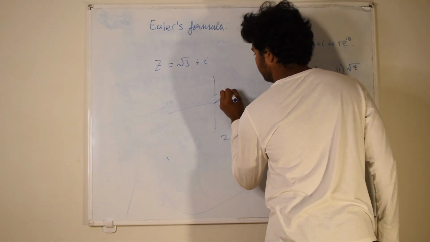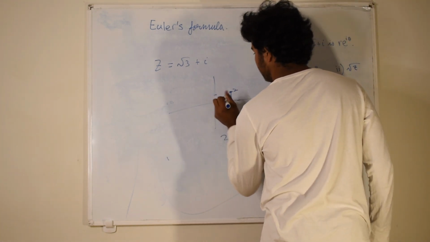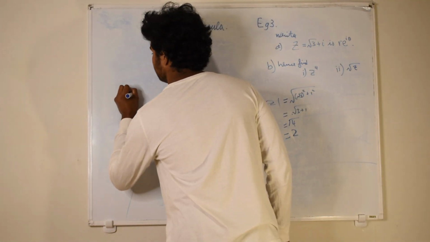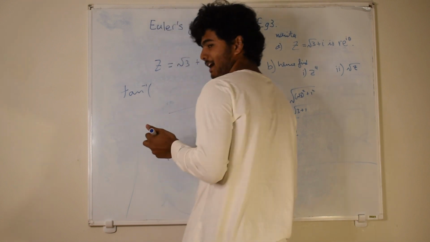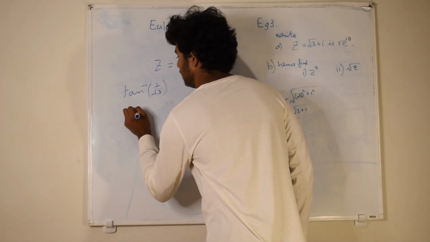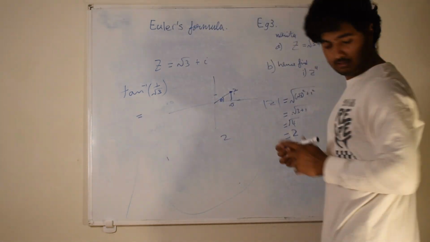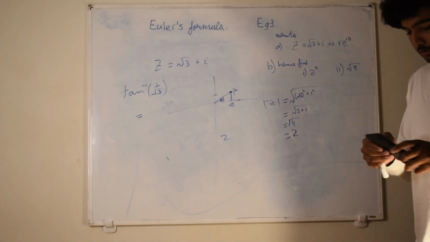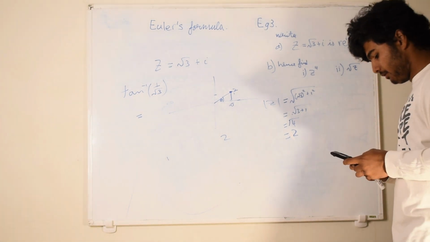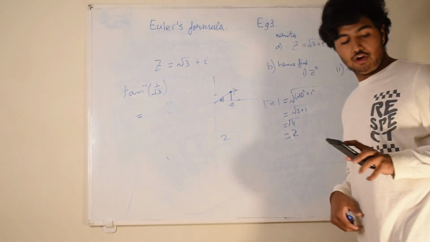Theta, we can figure out theta now, right there. We know 1 upon root 3. We can go tan inverse, or arctan some people like to say, of 1 upon root 3. And the value of that, you can put it in a calculator if you want, that then gives me 30 degrees.